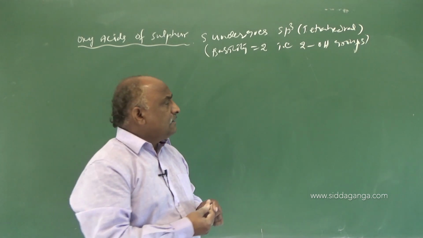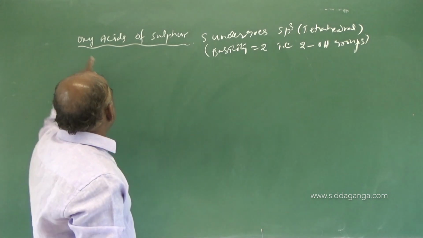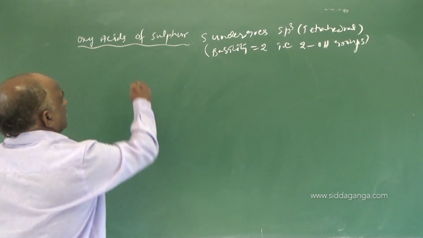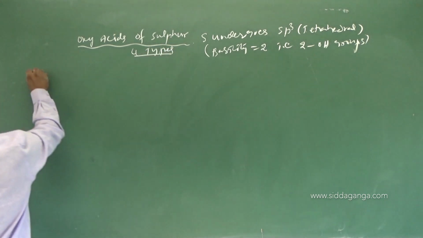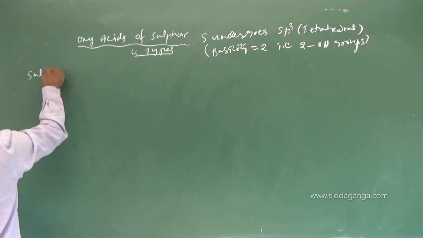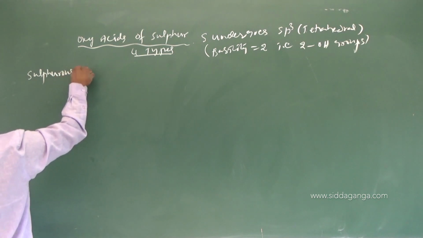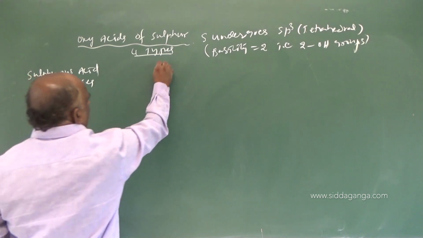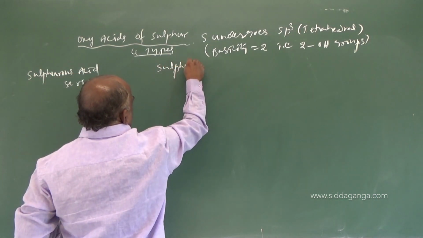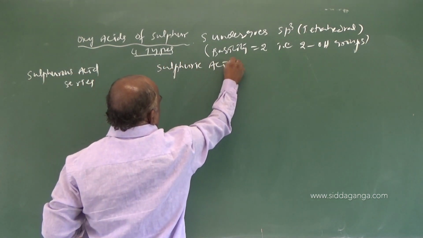So, what are the types? Oxyacids of sulfur, 4 types. Type 1, sulfurous acid series. Type 2, sulfuric acid series.